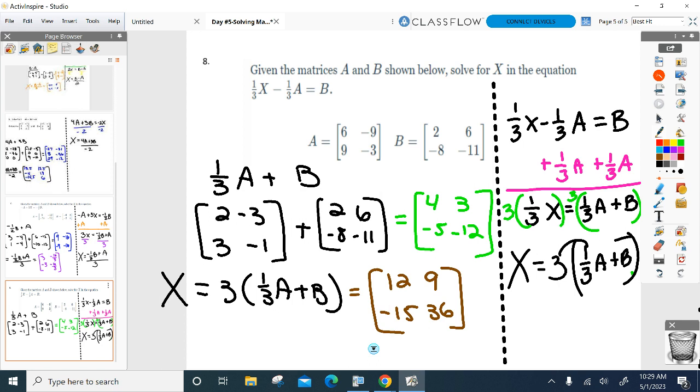Would it be negative 36? Yes, it would. I forgot my sign. Of all people to correct me, Tim. Live it up. Not Tim today.